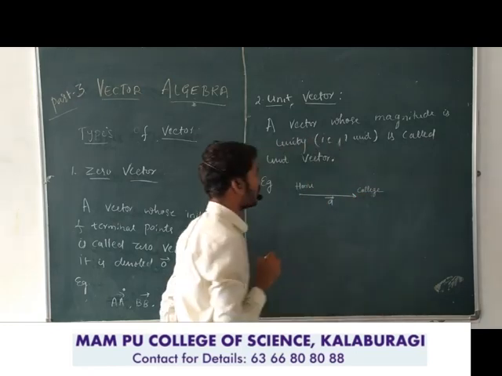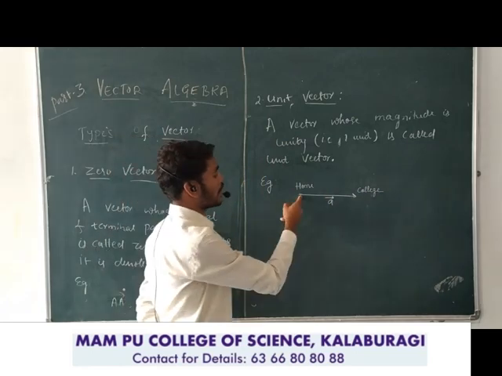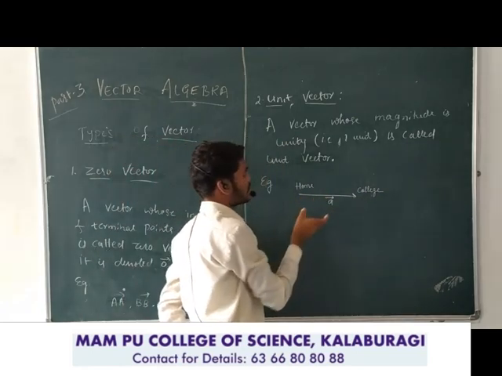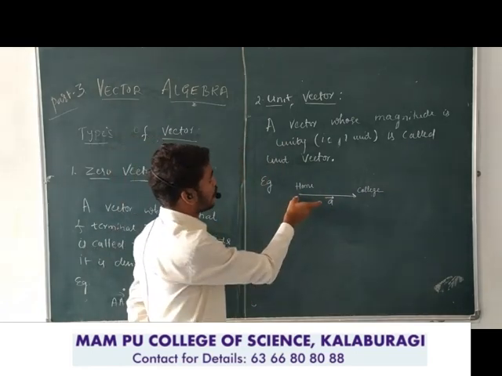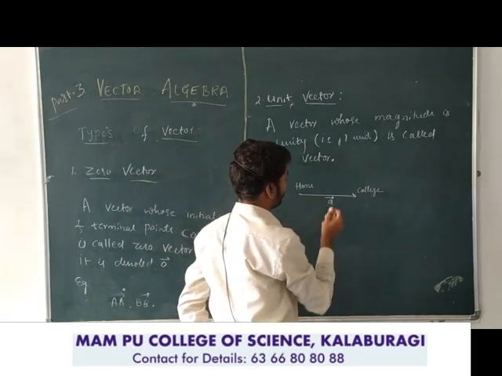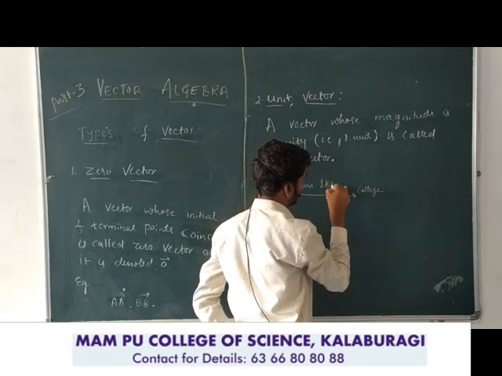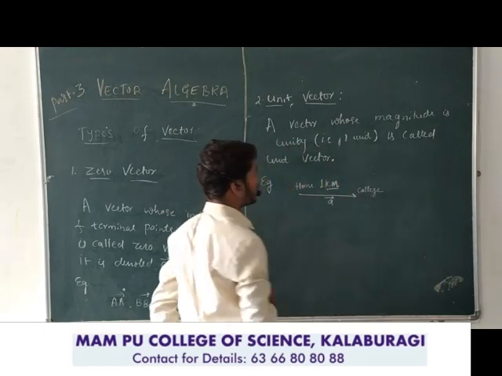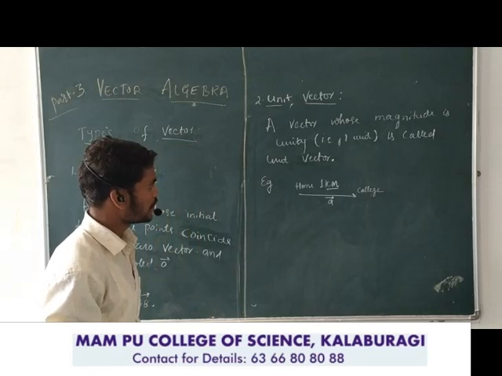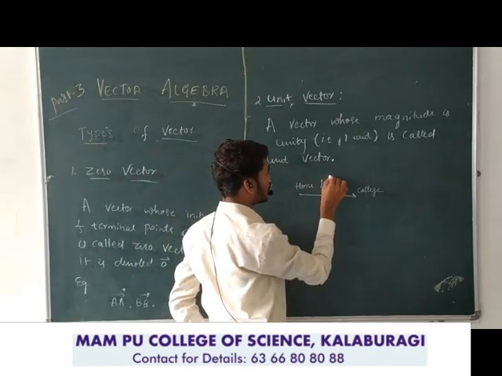For example, the distance from your home to college is 1 kilometer. Here 1 kilometer is 1 unit. We are considering 1 kilometer as 1 unit.